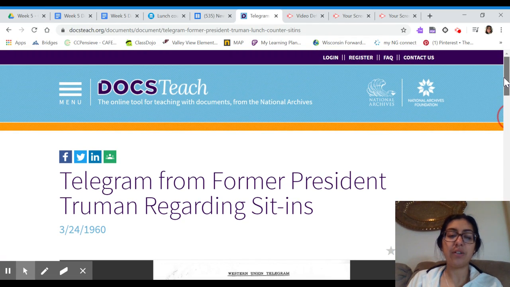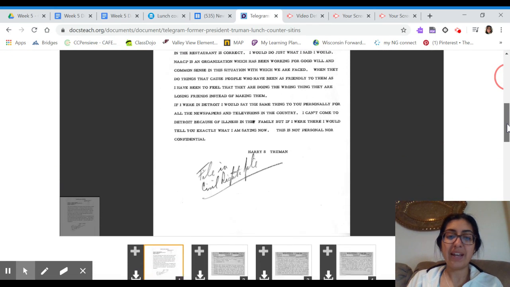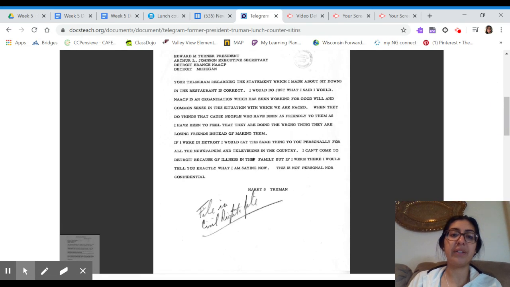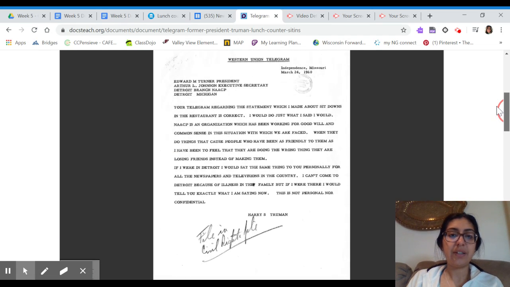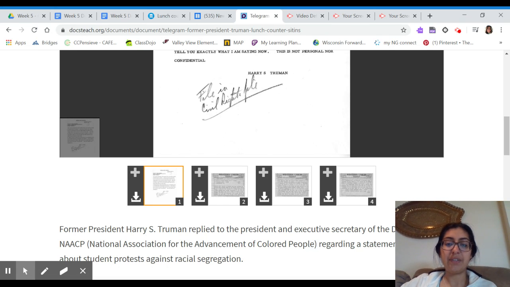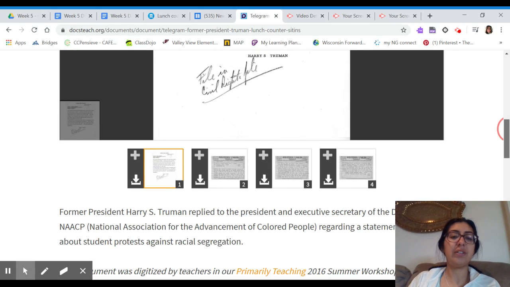So I had typed in the search engine sit-ins, and this was a telegram from 1960 that I found, and it's about the sit-ins that were happening, and it looks like this document is a reply from former President Harry S. Truman, and he had replied to the president and executive secretary of the Detroit NAACP regarding a statement he made about student protests against racial segregation.